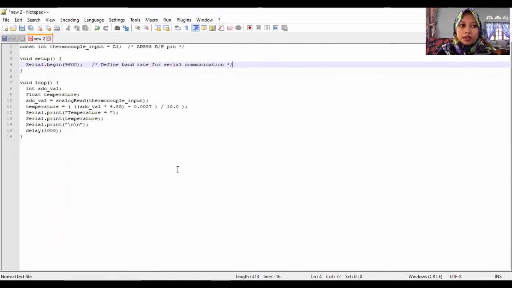Next, the void loop. Integer ADC value. ADC value equals analogRead of the thermocouple input. The temperature equals the ADC value multiplied by the temperature factor. Next, Serial.print prints the temperature value. The delay is 1000.